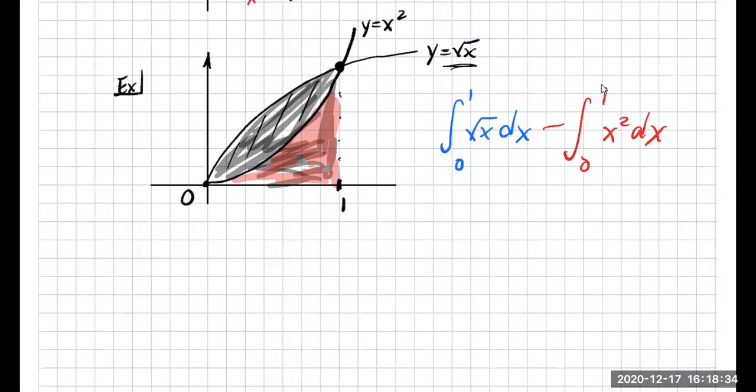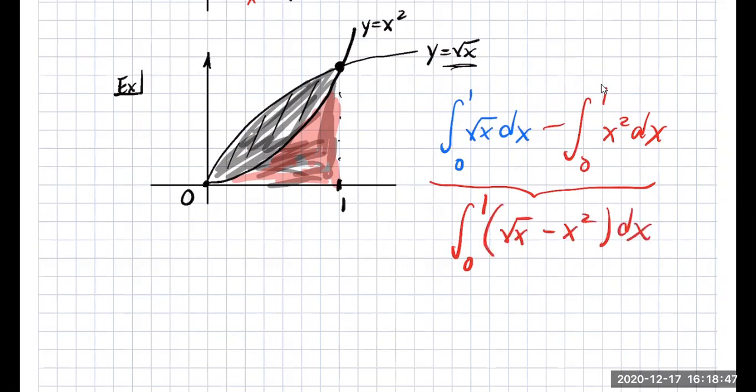Notice, though, that you can actually combine those under one integral symbol. Okay. That's the idea behind all sections in calculus where we want to calculate the areas between curves.